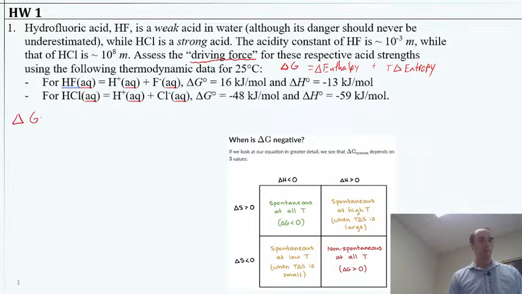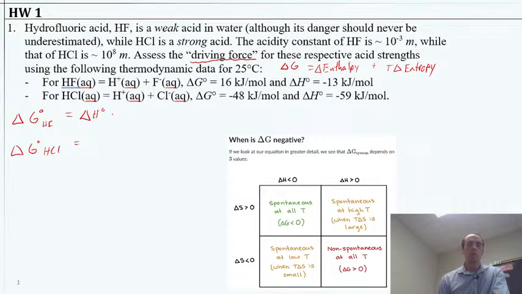We'll say delta G for HF and delta G for HCl, and take a look at each of those. In fact, we're given the delta G naught, right? So I'm going to write up for each of these, minus.